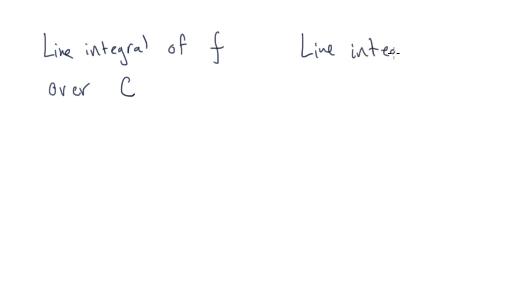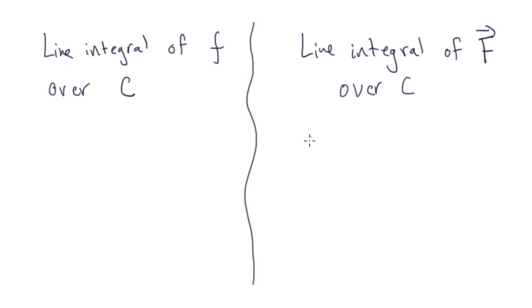We have the line integral of a scalar valued function f over a curve C, and then we have the line integral of a vector field over C. Actually, there are going to be two special cases of a line integral of a vector field over C. That's the case where the curve C is three things.